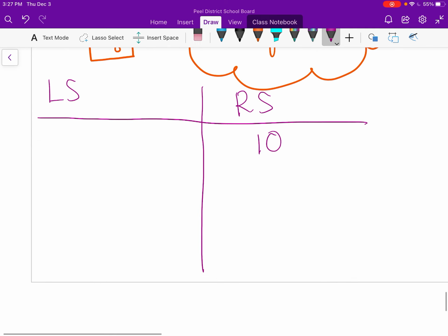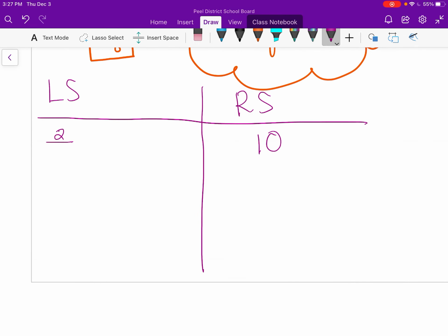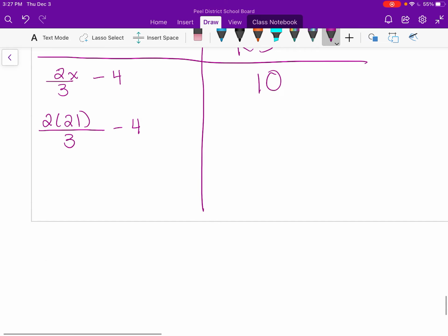So 2 over 3x minus 4. So I'm just going to plug in my number for x, which is 21, and always put it in brackets, divided by 3 minus 4, right? 4 is over 1, so I'm just going to change this to over 3, so make it a common denominator.